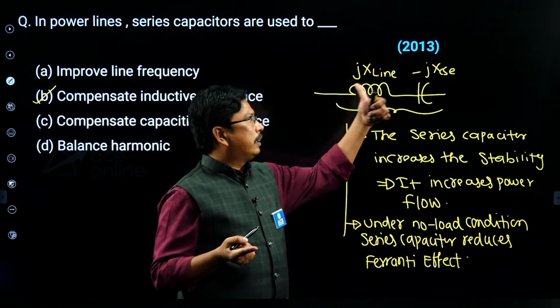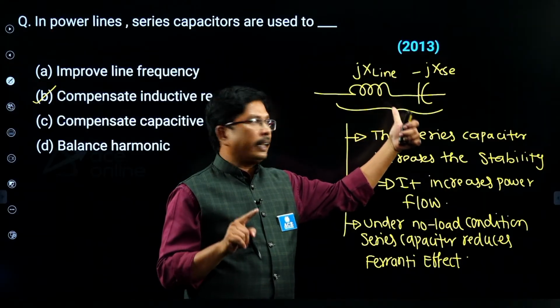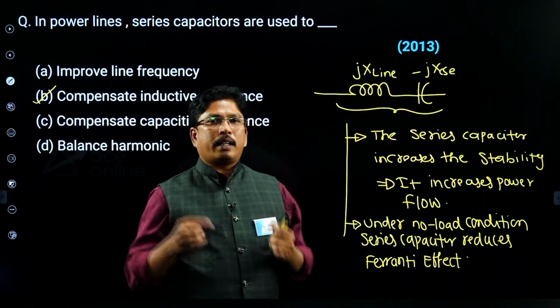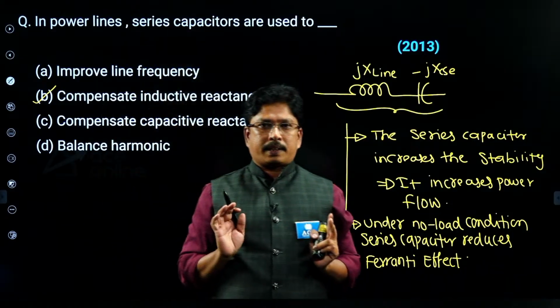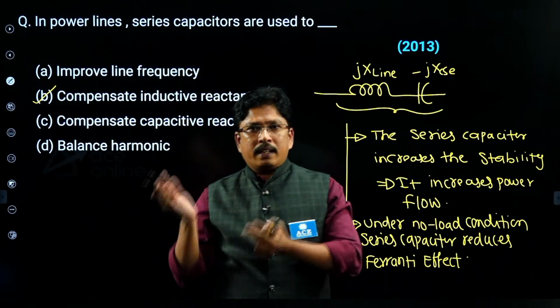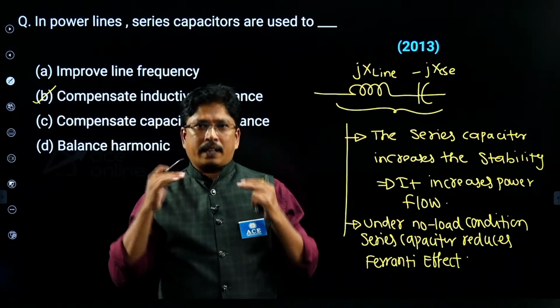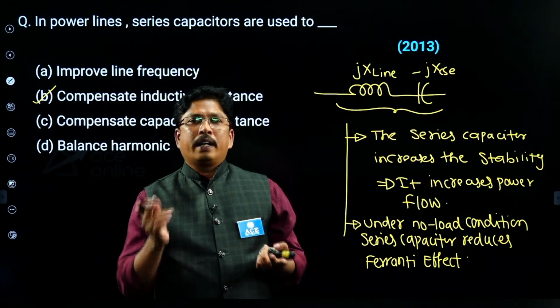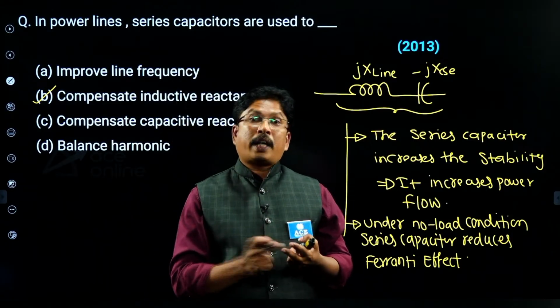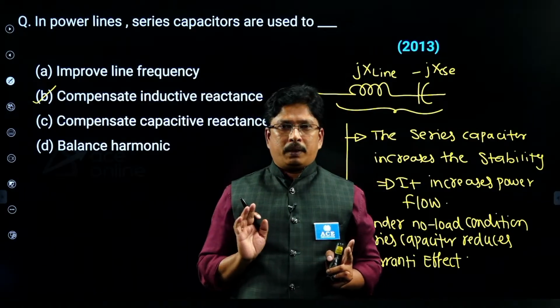Not only that, for lagging loads, the series capacitor can increase the receiving end voltage. Not only the series capacitor, the shunt capacitor also can increase the receiving end voltage.